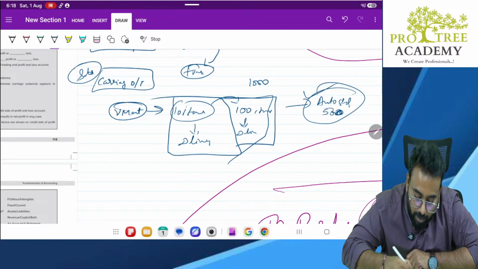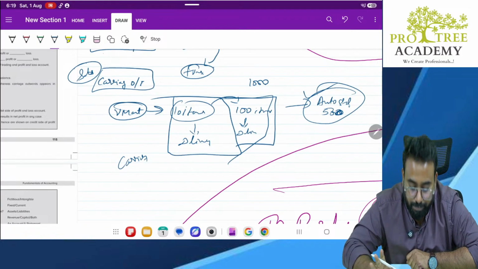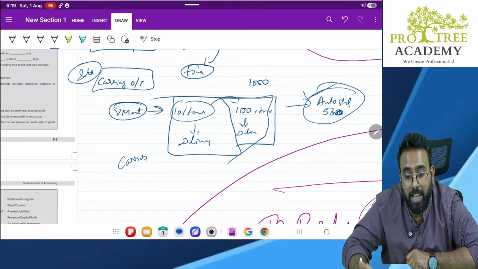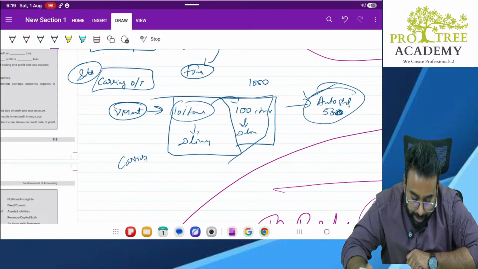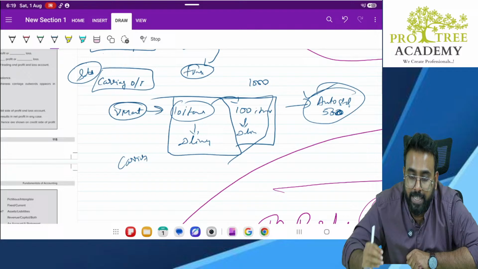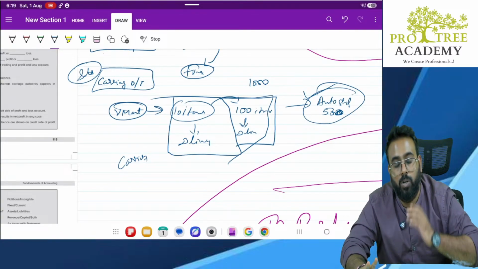So observe carefully. Carriage outward is always optional. If the customer specifically asks us to deliver, then only we will take the transportation headache on our head. Otherwise, we will not. So that is why carriage outward, that is transportation on sale of goods, is not going to come in your trading account, because it is not directly correlated to sales.